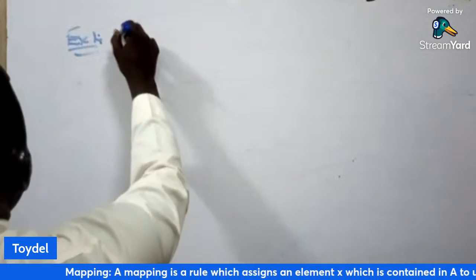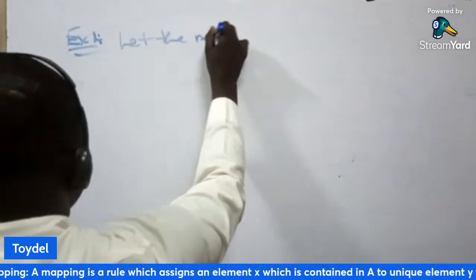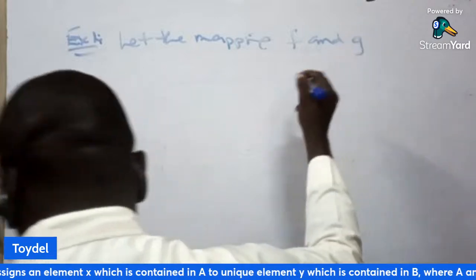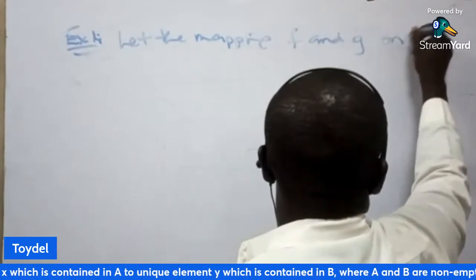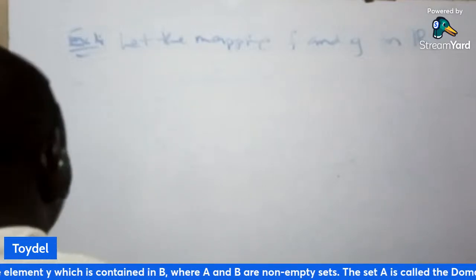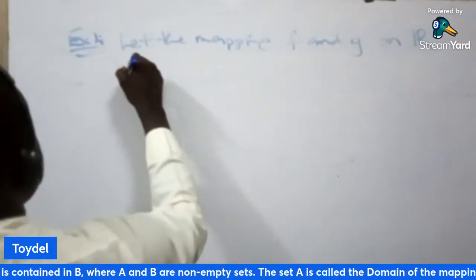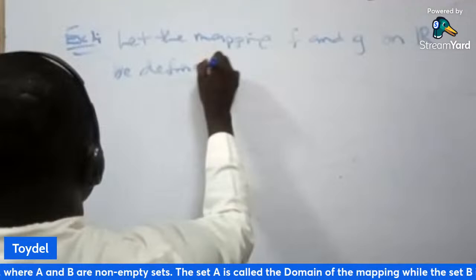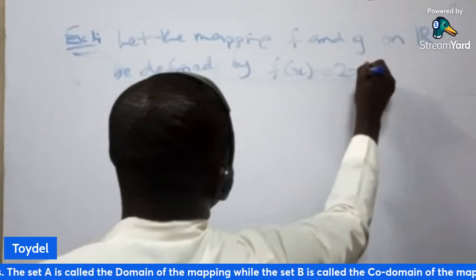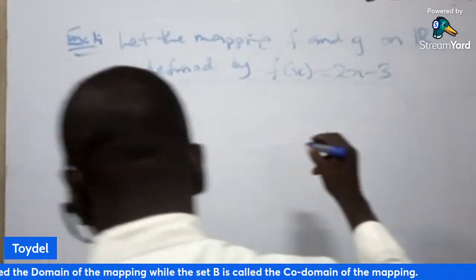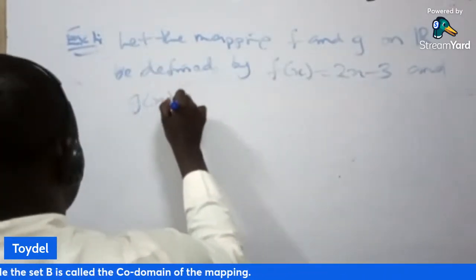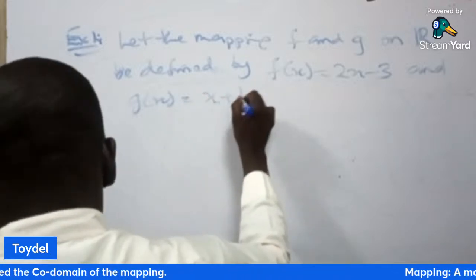Let the mappings F and G on R, the set of real numbers, be defined by F of X is equal to 2X minus 3 and G of X is equal to X plus 1.